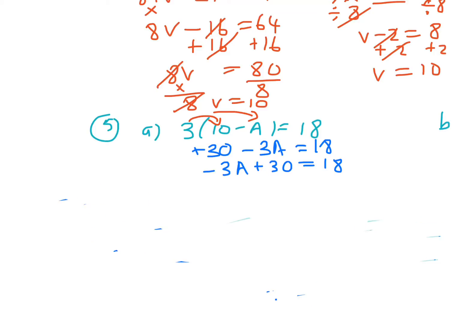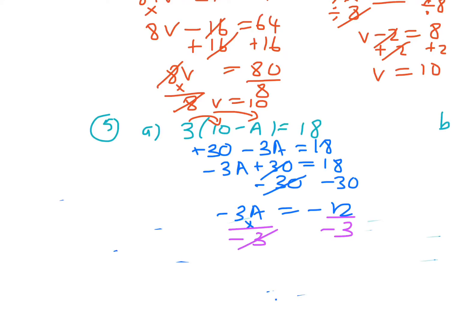So you minus 30 on both sides. There you go, minus 30, minus 30. Minus 3a. 18 minus 30 is minus 12. Now that's times minus 3a, so the opposite to timesing by minus 3 is dividing by minus 3. Minus 12 divided by minus 3 is 4.